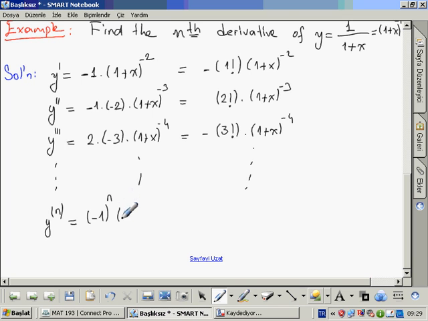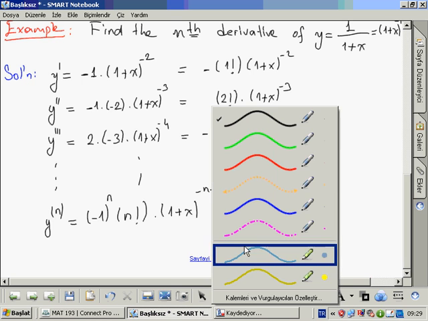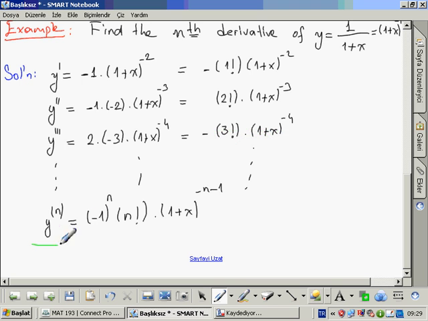So n factorial times 1 plus x to the power of minus n minus 1. This is the generalized rule of the derivative for y equals 1 plus x to the power of minus 1.